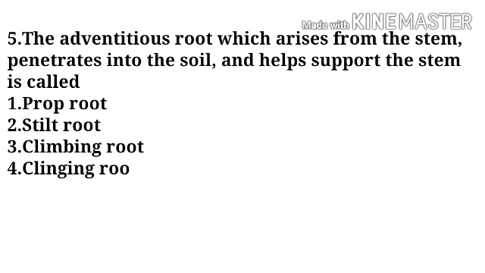Clinging roots are developed in epiphytic plants, which grow on the branches of other big plants, and hanging and clinging roots are developed for the exchange of gases and also to support the plant. Due to this, the final answer is number 2.